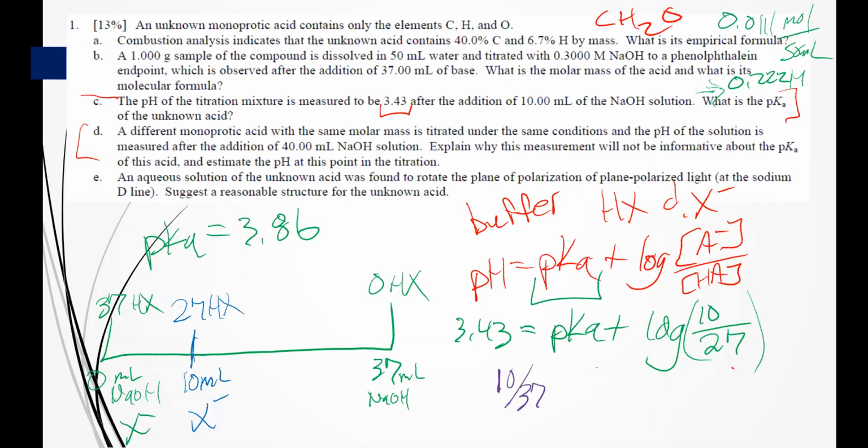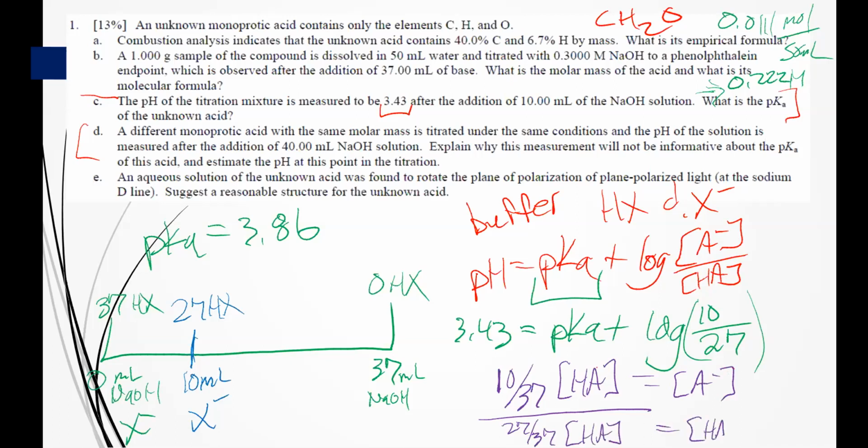So we're 10/37 of the way over to our endpoint, which we would multiply by the concentration of our HA, and that would be equal to our concentration of our A minus. And we're 27 of the 37th way there for our concentration of our HA, and that would be equal to how much HA is present.